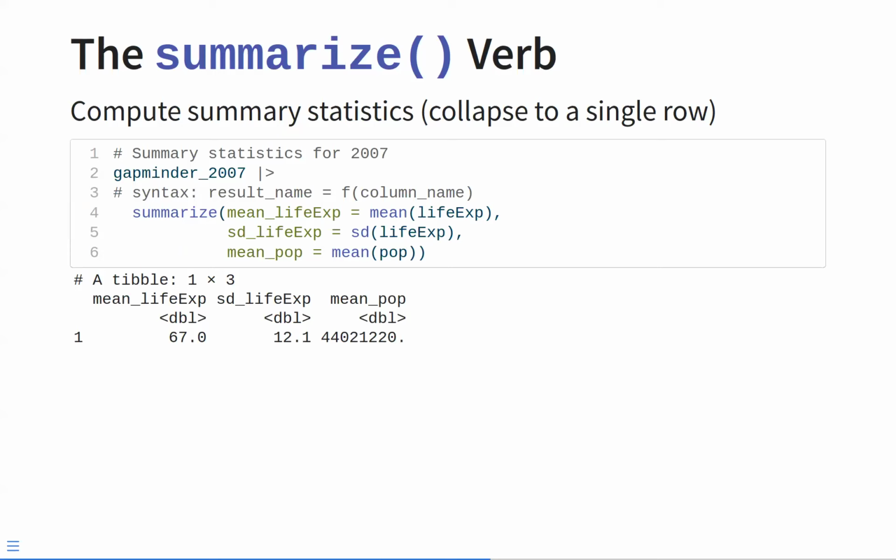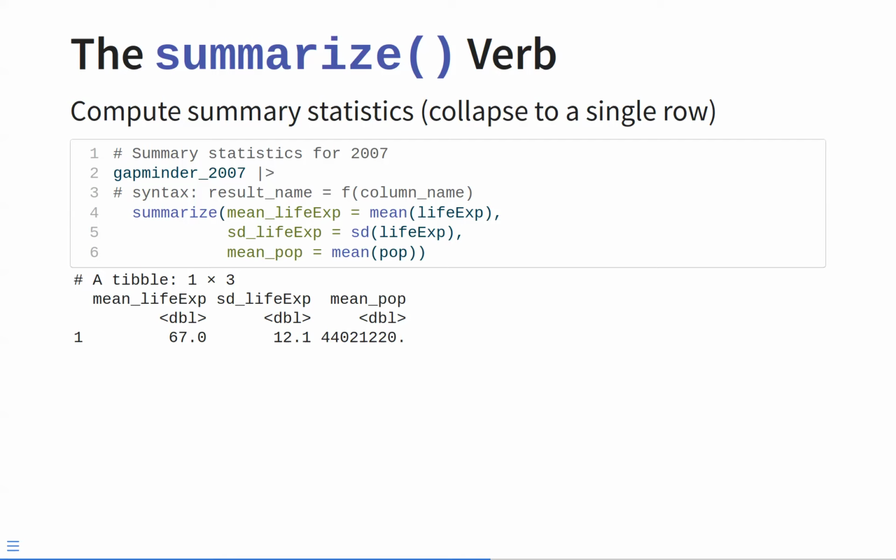The next verb from dplyr that we need to learn about is called summarize. This verb computes summary statistics. In other words, it collapses a tibble to a single row. On this slide, I'm showing you a simple example where we summarize the Gapminder 2007 tibble. Now remember that that tibble only contained observations for the year 2007.